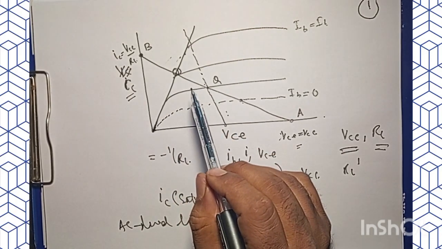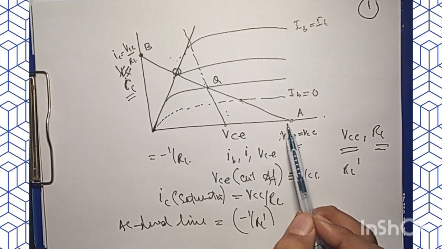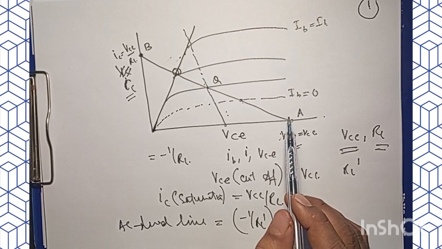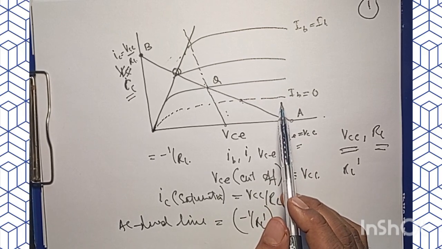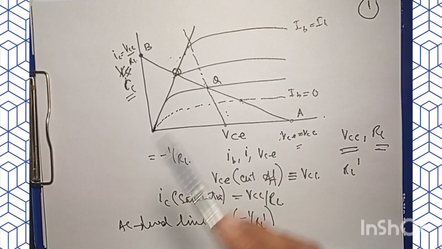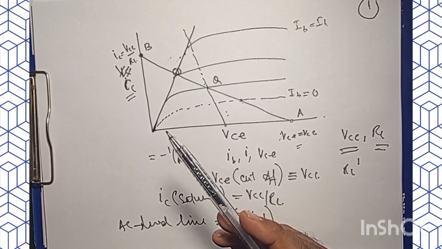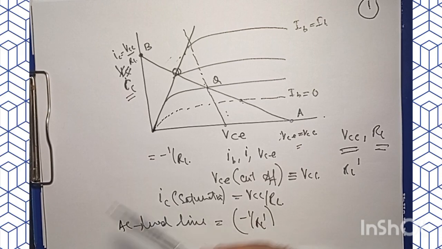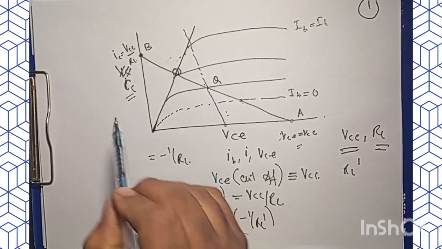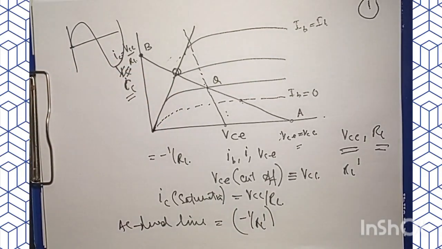So AC load lines are not established by the intersection of axes that we use for the DC line. These are also called dynamic load lines, so they keep on changing, and may be defined as the locus of all corresponding values of instantaneous collector current and voltage during the cycle of the signal operated on this load line.